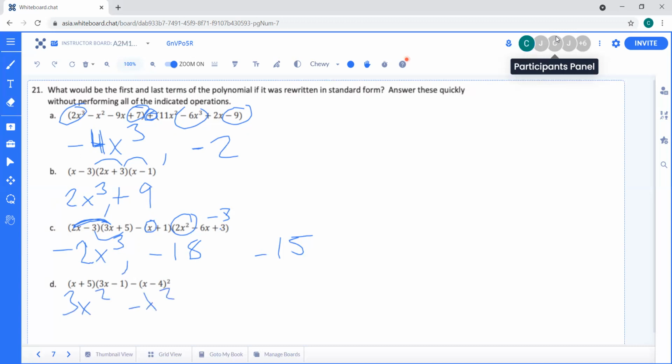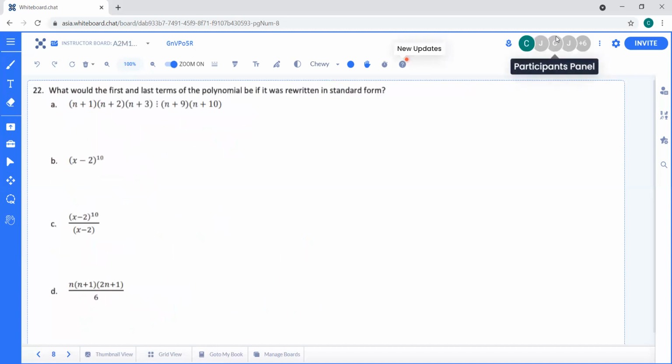So my first term is going to be this positive 2x squared when I combine these two terms. Now this last term is going to be 16 right here. And this will be a negative 5 here. When I negate this because of this term here, it's going to leave me with a negative 21 for my last term. Remember, these are just the first and the last terms, okay?